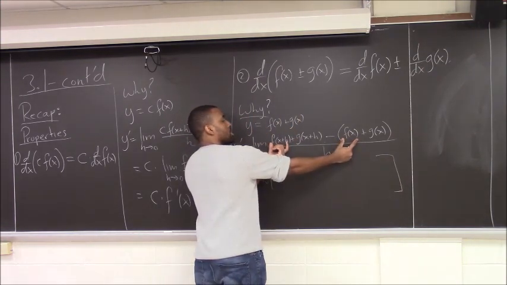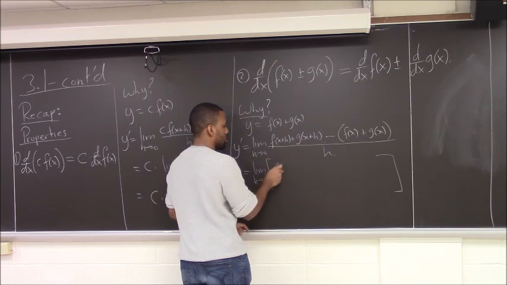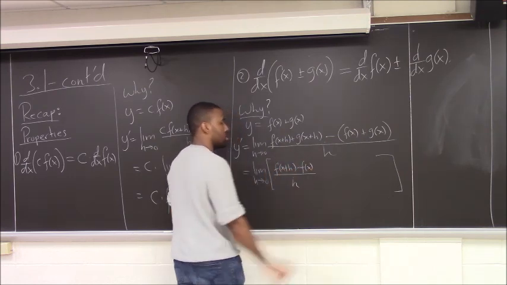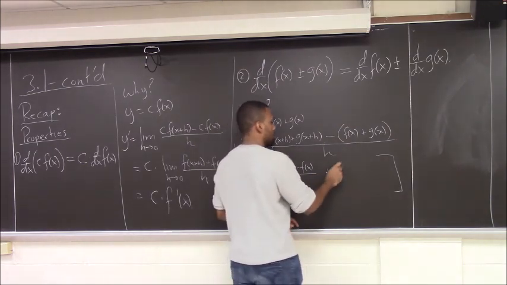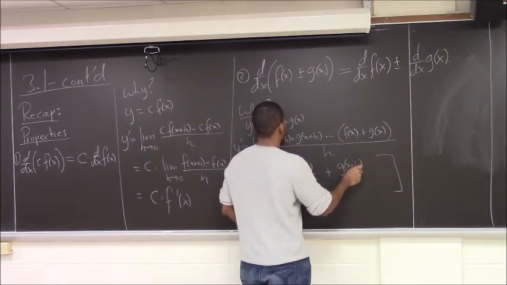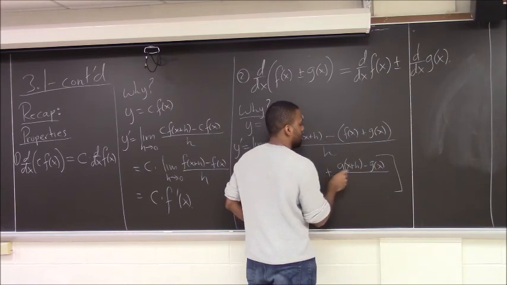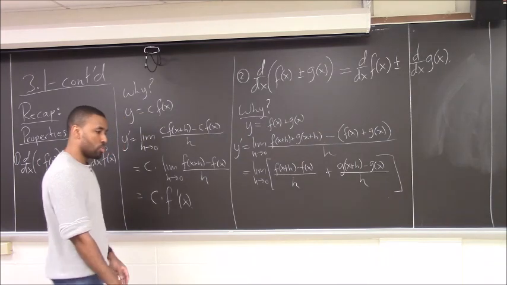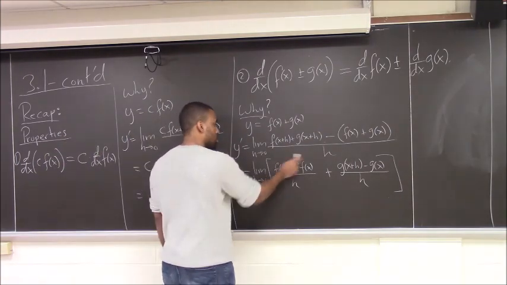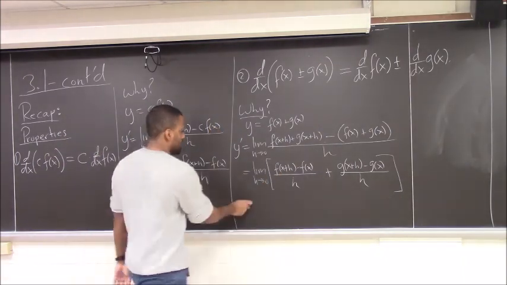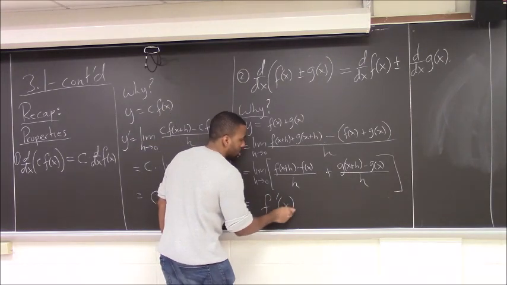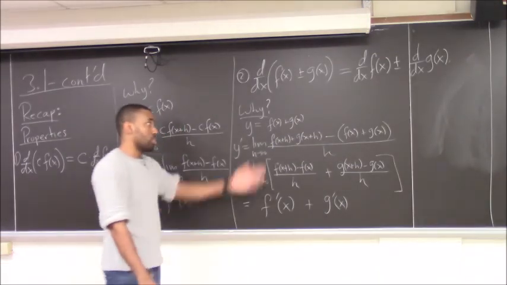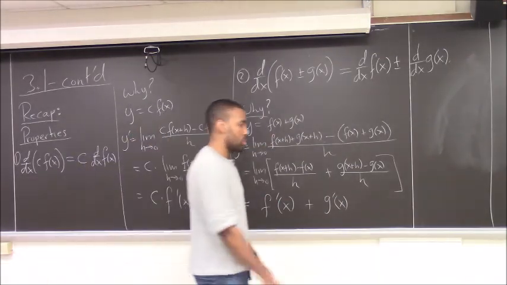Take the f of x plus h and the minus f of x, put those together, divide by h, plus the g's. I can separate the g's and then separate the fraction across the numerator. We know we can do that. And this, of course, is the derivative of f, plus that's going to give us the derivative of g when we take the limit. So the derivative of a sum is just the sum of the derivatives. We can know that by the limit definition.